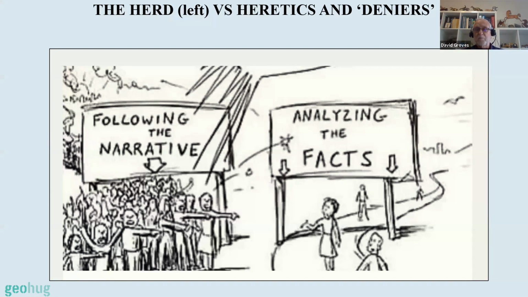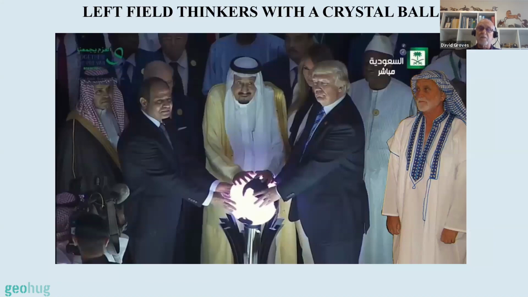Well, I think the best way to do it is to either go and look for people who are left field thinkers, or in the slide I'm going to show probably right field thinkers, someone that's thinking out of the centre, and we've got to go and gaze at a crystal ball. So Rich Goldfarb arranged this for me. You can see me on the right-hand side of this photo with my great friends here, gazing into the crystal ball and coming up with something which was quite unusual in politics in this particular case.